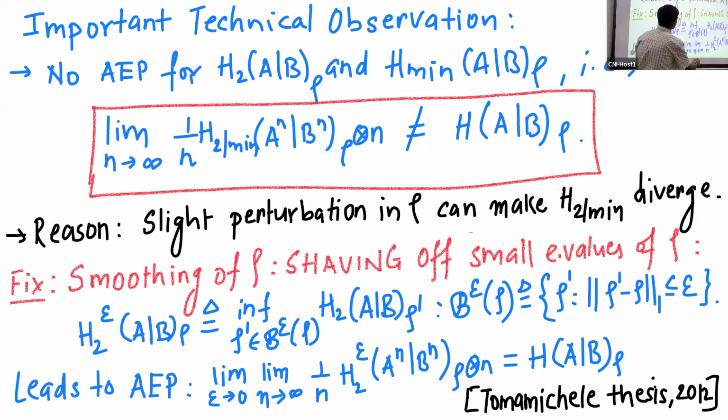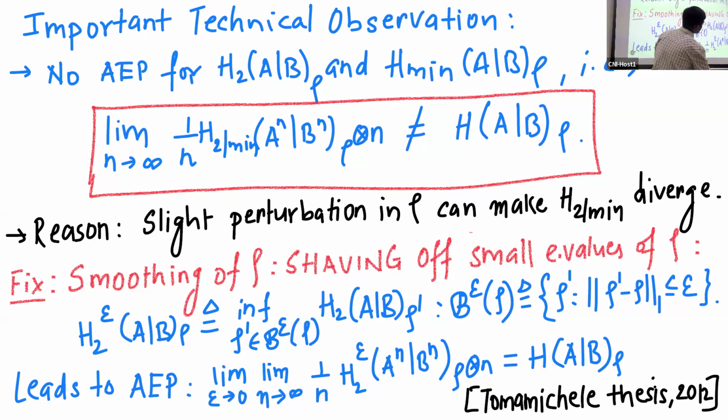That is why one replaces these entropies with their smoothed versions. What the smoothed version means is that I evaluate this formula, which we have seen earlier is nothing but the L2 norm squared of some operator. But now that operator will not be the original operator, but a perturbed version of it, which lies in an epsilon ball around rho. This epsilon ball can be defined with respect to any norm. In quantum information theory, one generally defines it with respect to the Schatten L1 norm.